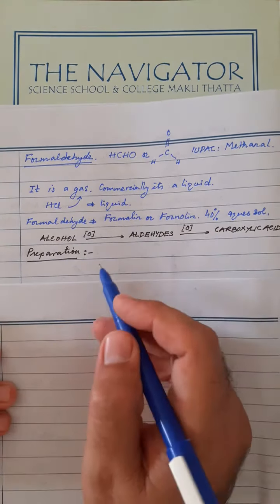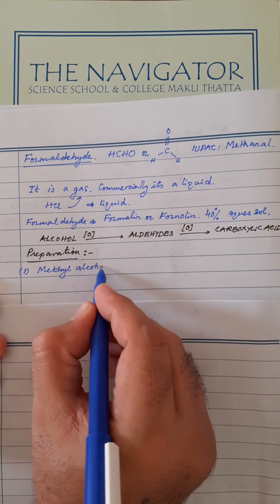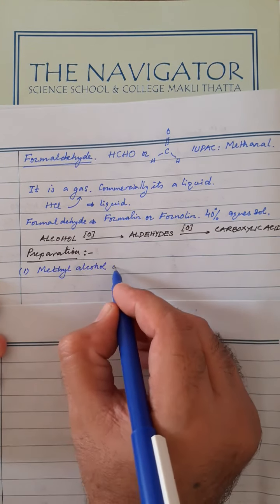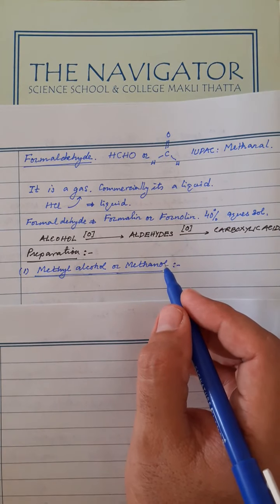Methyl alcohol, also called as methanol, can be converted into methanal. It's a very commonly asked question in the examination. Convert methanol into methanal.